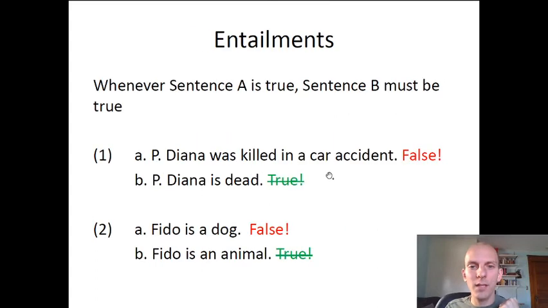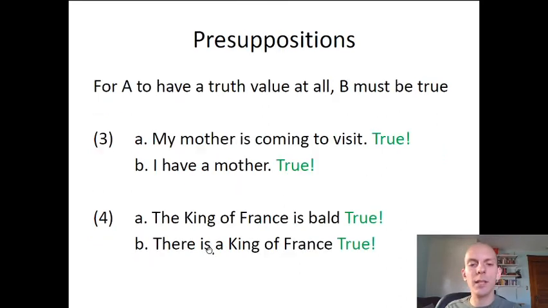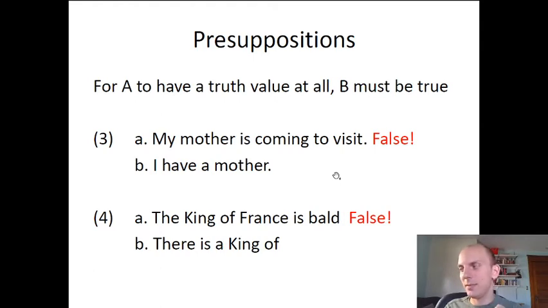With entailments, when A was false, we had no idea about B. If we didn't know Fido was a dog, we couldn't say whether he was an animal or not. Think about these sentences. When we make the A sentence of a presupposition false, let's check out what happens to sentence B. If we know that my mother is not coming to visit, that "my mother is coming to visit" is false, do I still have a mother?